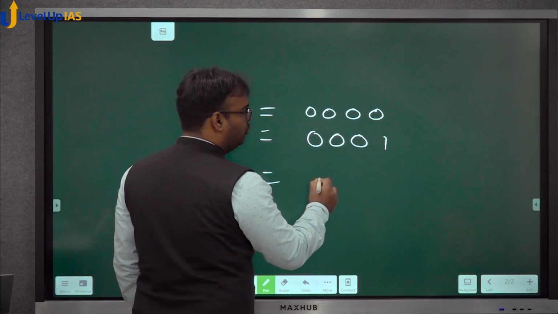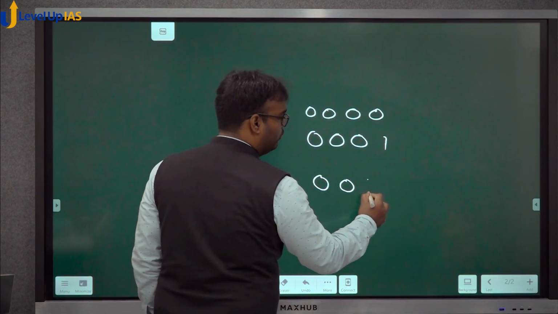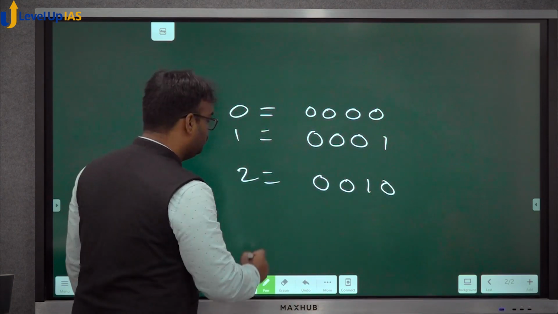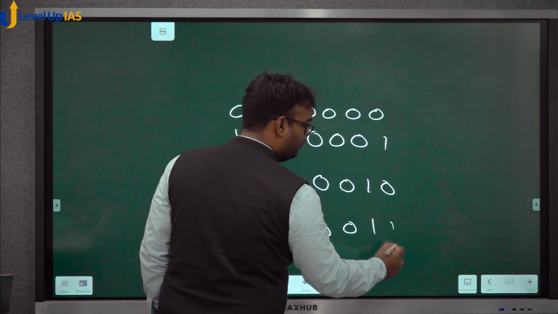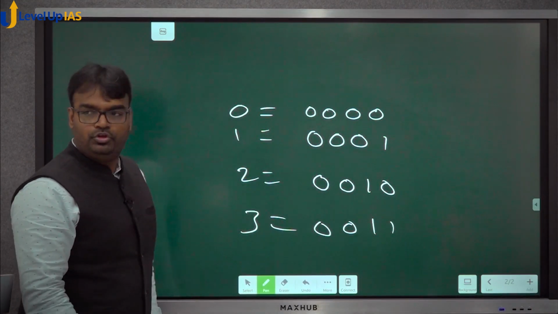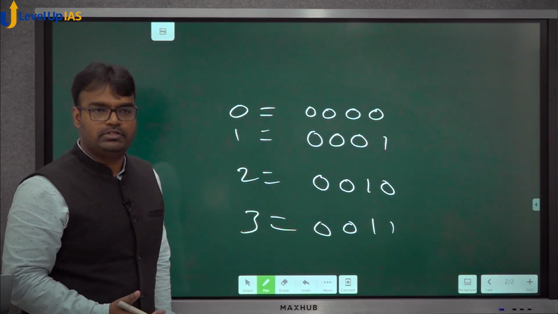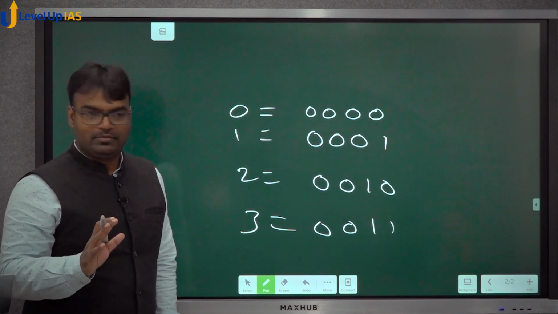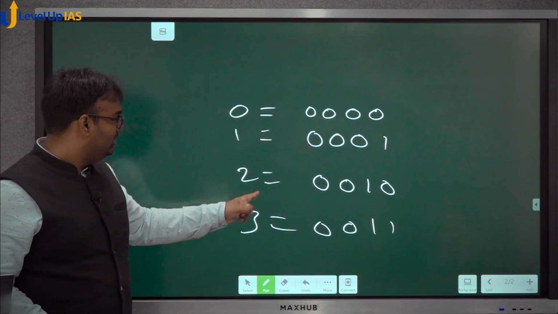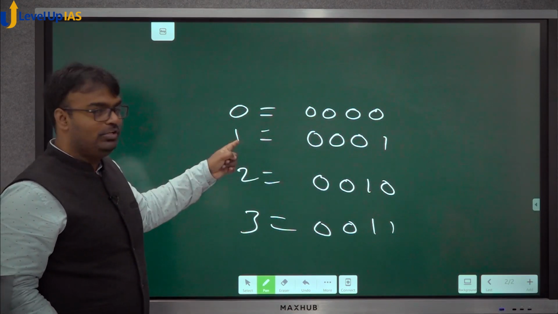To store 2: 0, 0, 1, 0. To store 3: 0, 0, 1, 1. You can store different numbers using 0 and 1 only. This is encoding for 3, this is encoding for 2, this is encoding for 1.